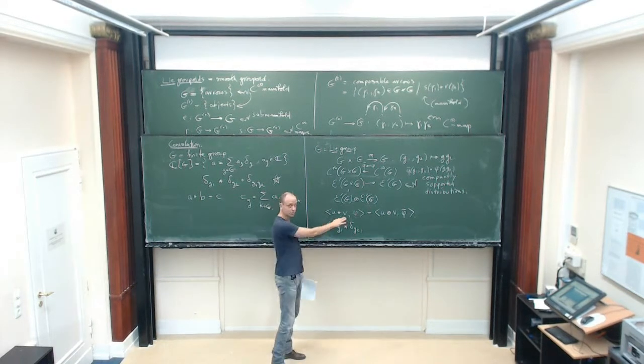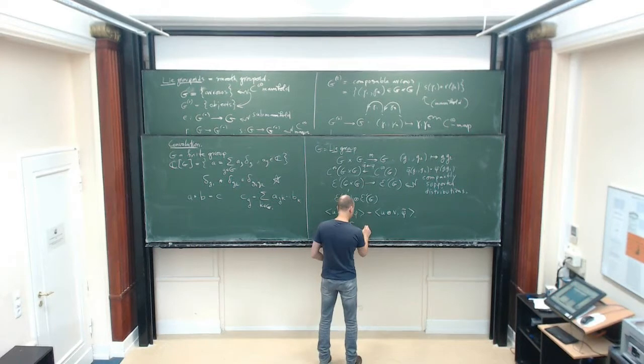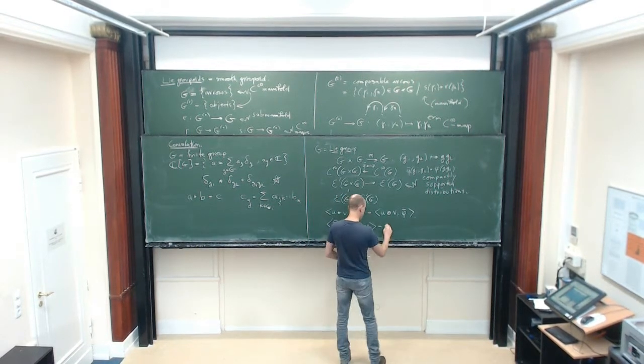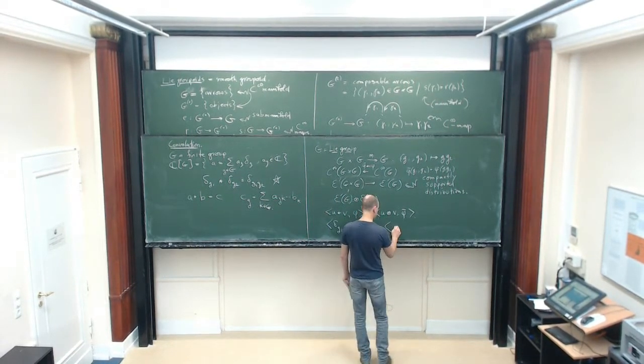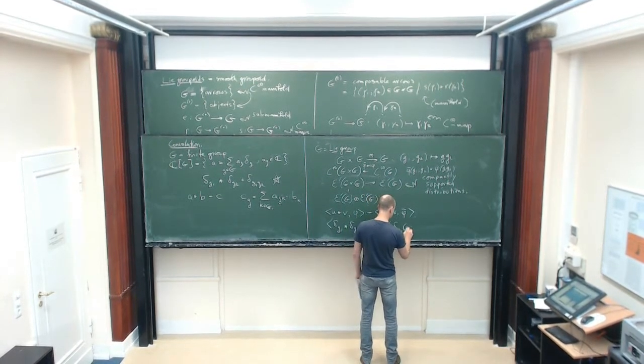So these are now actual delta functions as distributions, but on a Lie groupoid. So this is supposed to be, okay, let me write it somewhat.